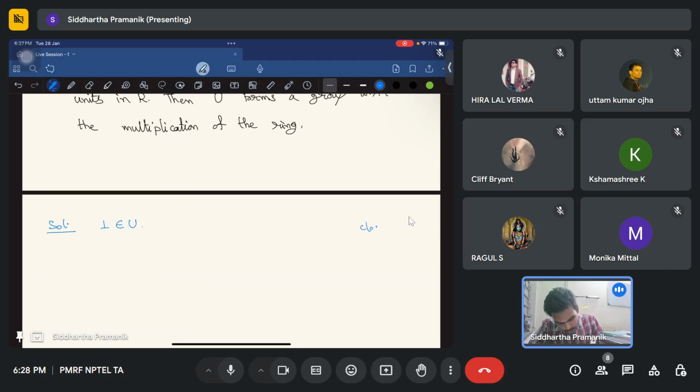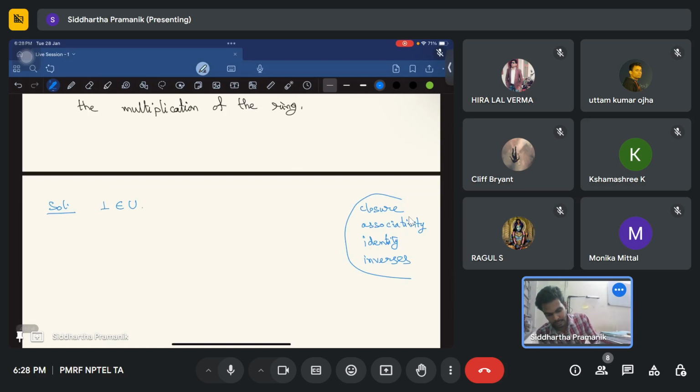The closure, the associativity, identity element of the group exist or not, and inverses of all elements. So these are the four properties of a group.